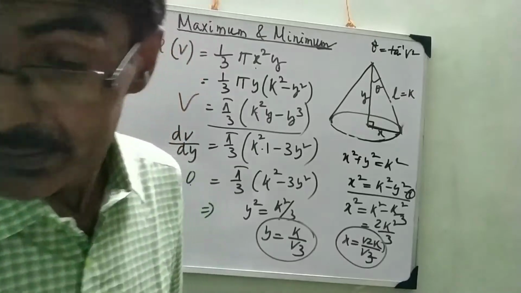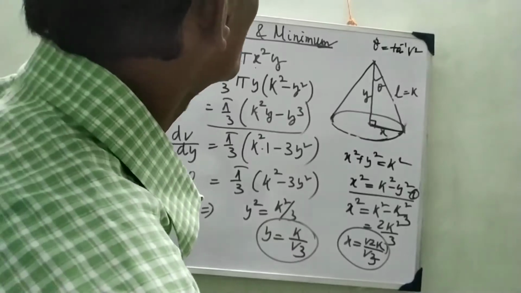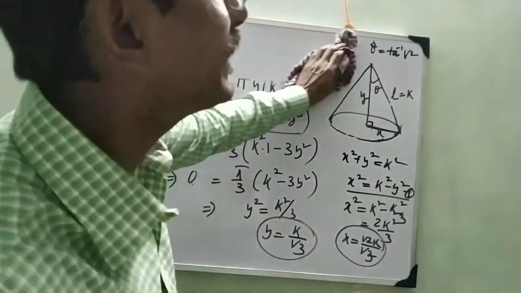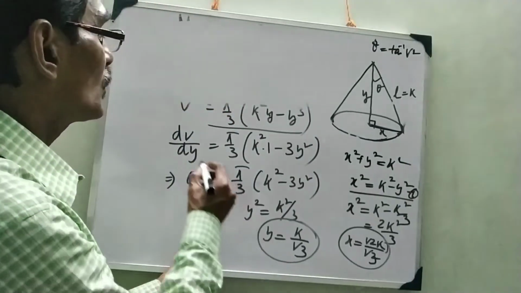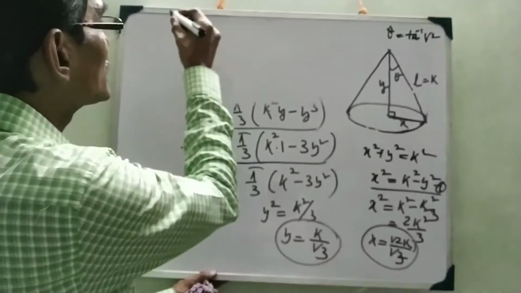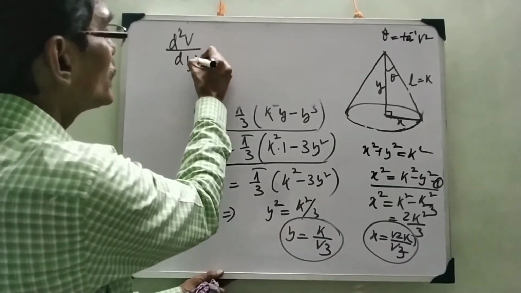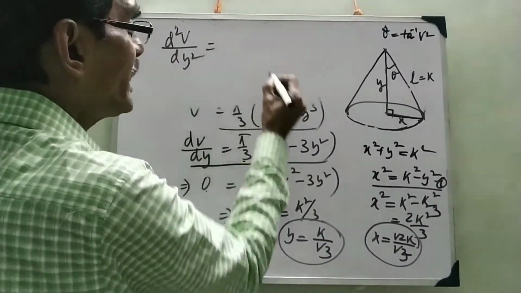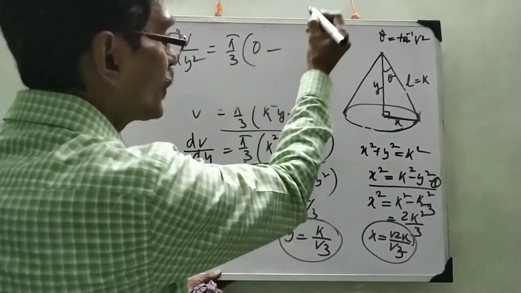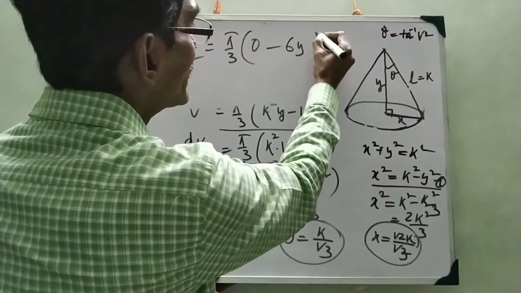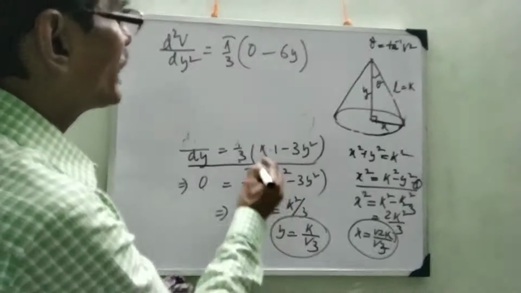Now we have got the x and y values. We want to get two proofs. First, the theta value is this. Second, the volume should be maximum. Our first order derivative was this. Now we test with the second order derivative d2V/dy2. Differentiating, pi by 3 times, the constant term's derivative is 0, and the other is minus 6y. Now the y value is k by root 3.